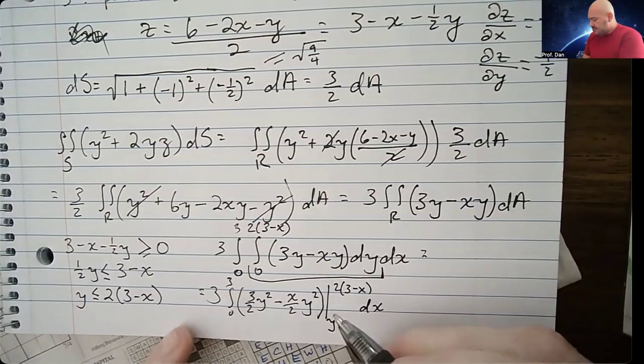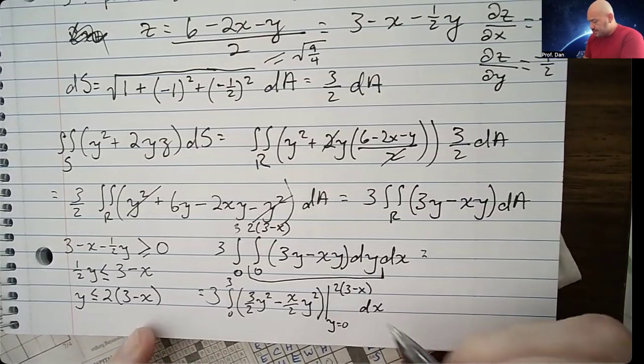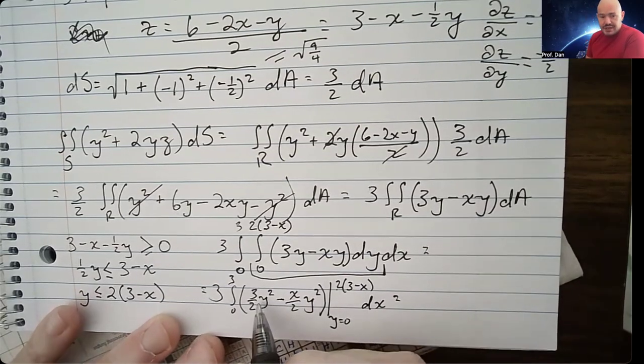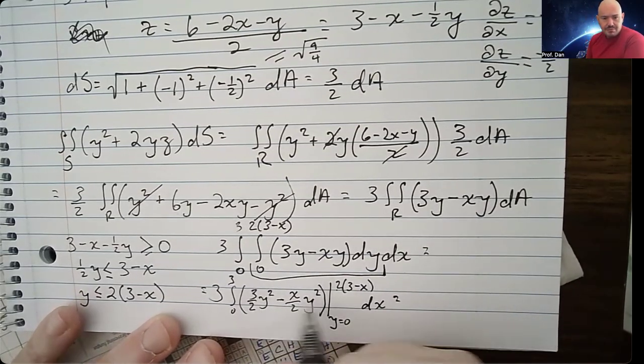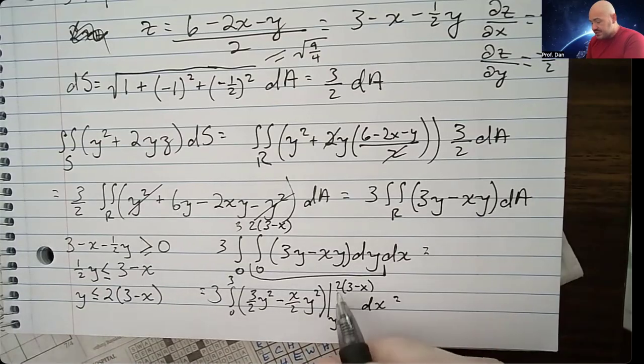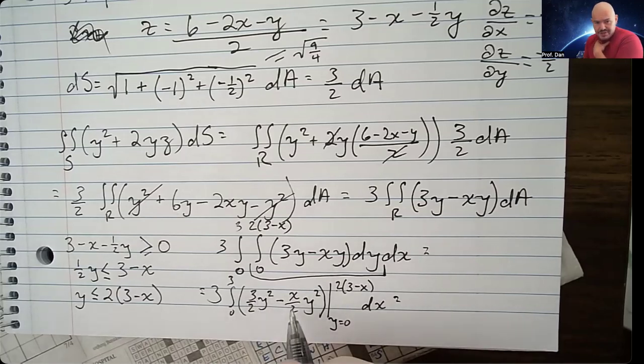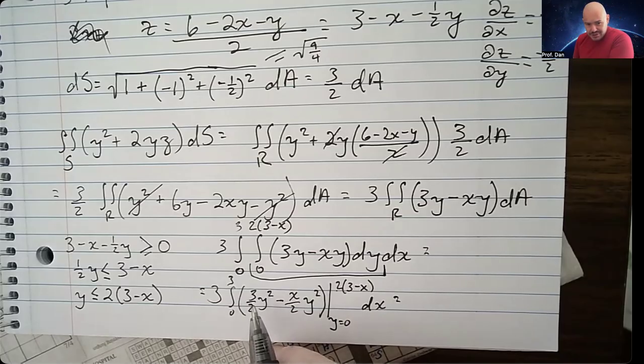So when I plug this 2 in, keep in mind that this quantity is going to be squared in both terms. So that means both the 2 and the 3 minus x are going to be squared. So I'm going to multiply these coefficients by 4, because that's 2 squared, which will end up giving me 6 for this coefficient and 2 for this coefficient.